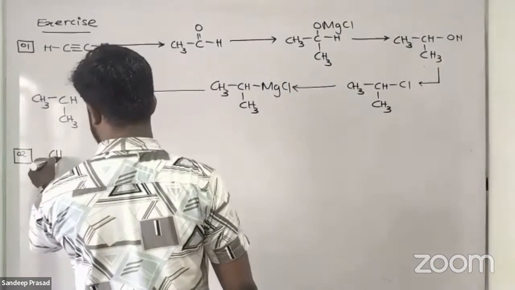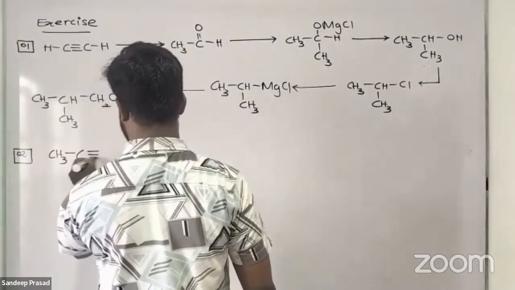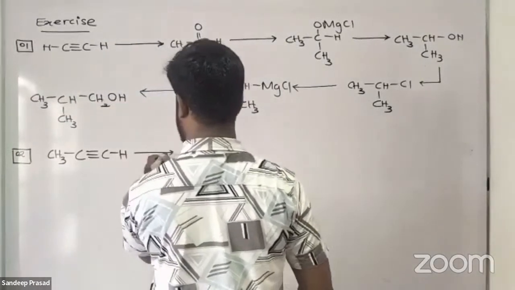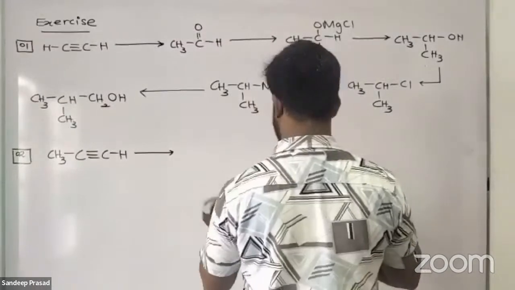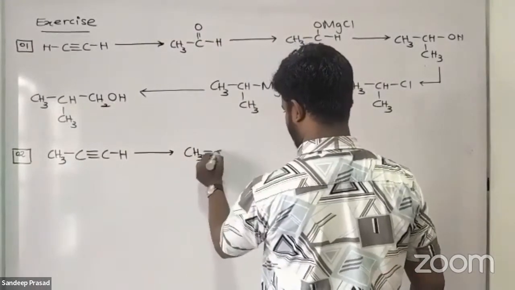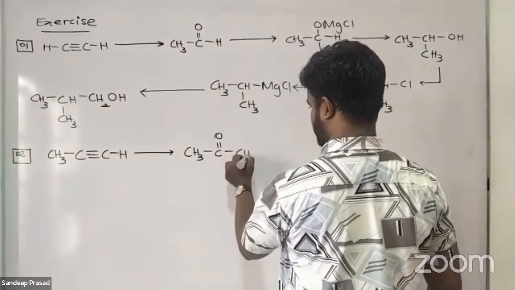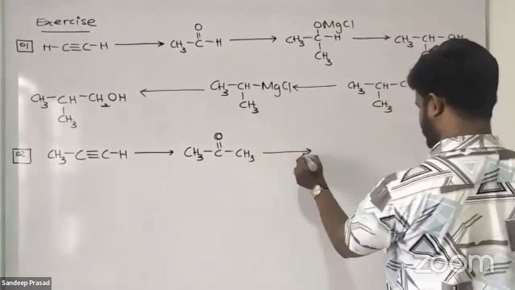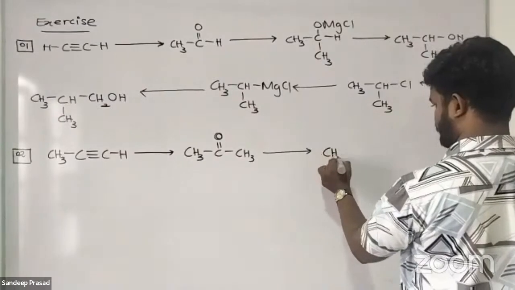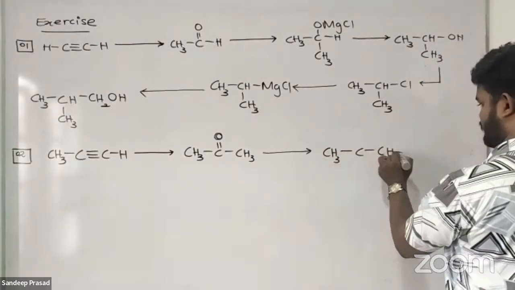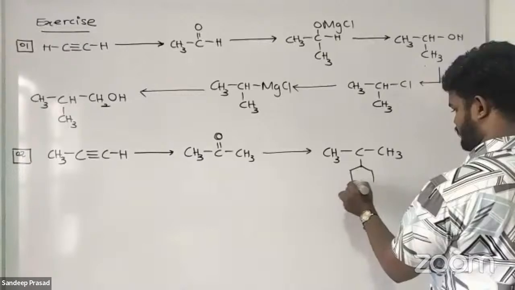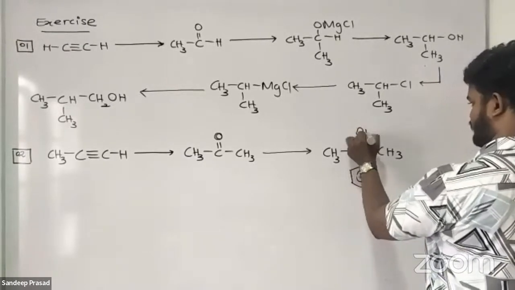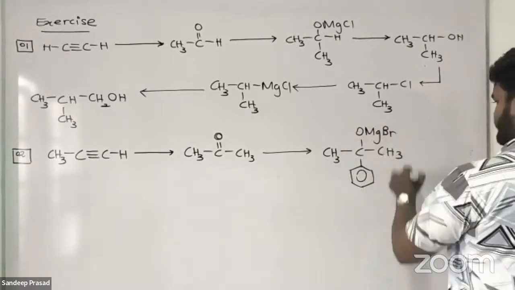And the second one also, we are starting from an alkyne. Here we have a ketone.